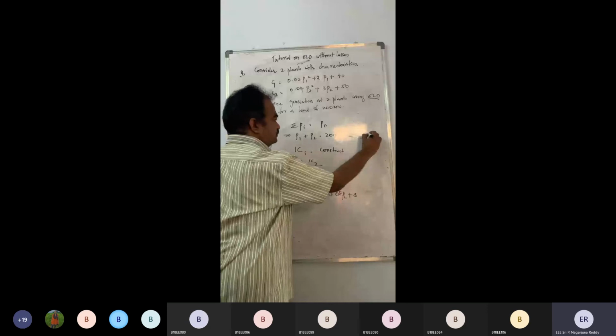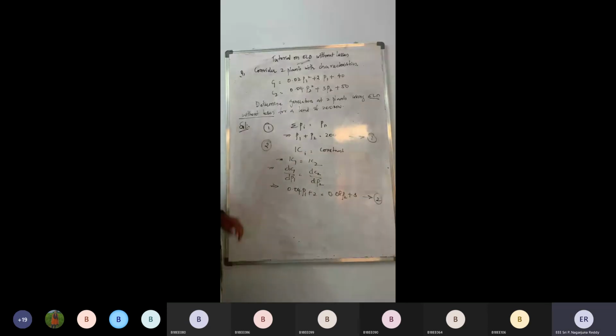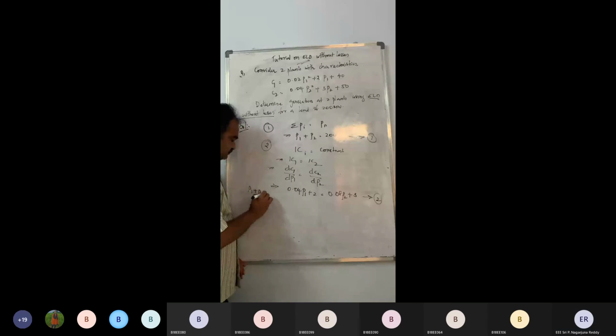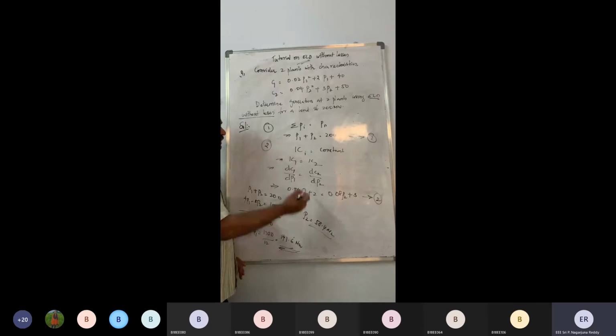So solving these equations 1 and 2, I'm getting these two generations, P1 and P2, if I consider ELD without losses, given my load is 200 megawatts.